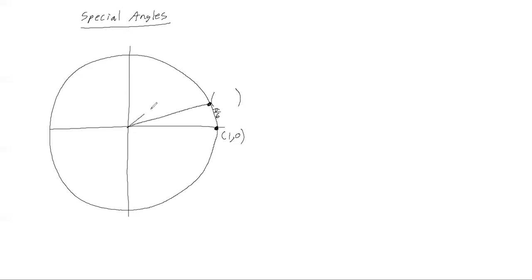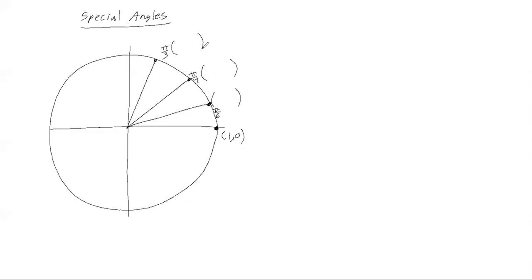Then if I think of rotating through an angle of pi over 4 radians, I have an ordered pair that corresponds to that. If I think about rotating through an angle of pi over 3 radians, I have a special ordered pair that goes with that.